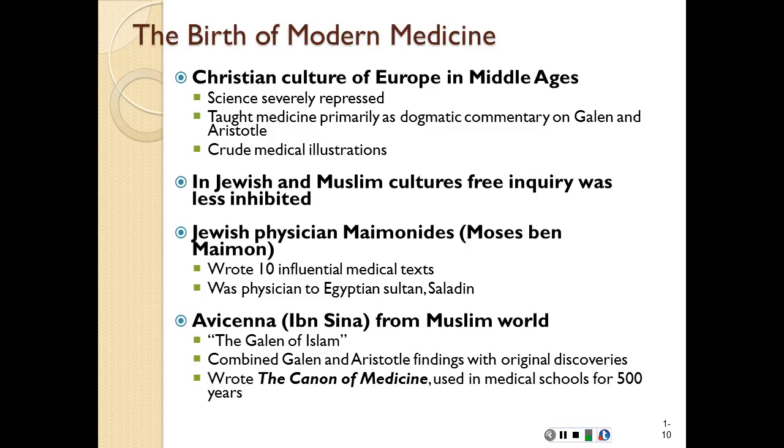All right, so we look at the birth of modern medicine. It began in the Middle Ages, and of course it continues to present day. Now, the Christian culture of Europe in the Middle Ages severely repressed any type of scientific study. They taught medicine primarily as a dogmatic commentary on Galen and Aristotle, and they had crude medical illustrations.